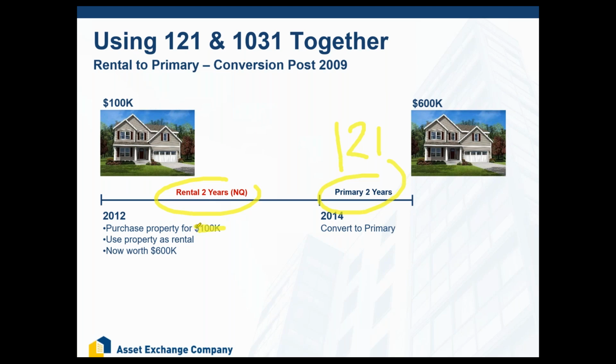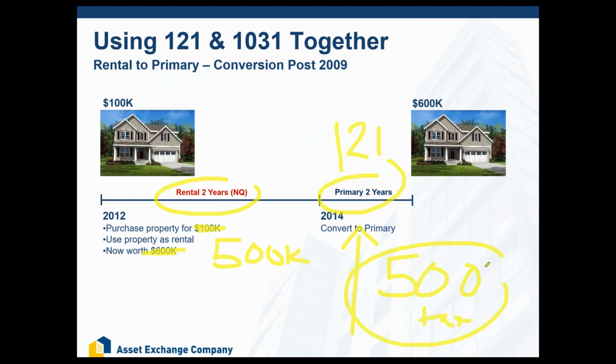So we bought this property for $100,000. It's now worth $600,000. We've got about $500,000 of gain in the property, right? So you might be thinking, well, geez, let's move into the property and we'll sell it as our home. And because you're married, you get to take all of the gain tax-free. That's a great strategy, right?